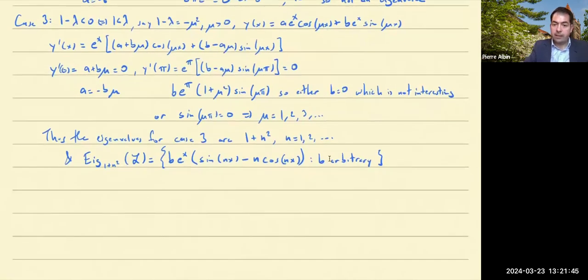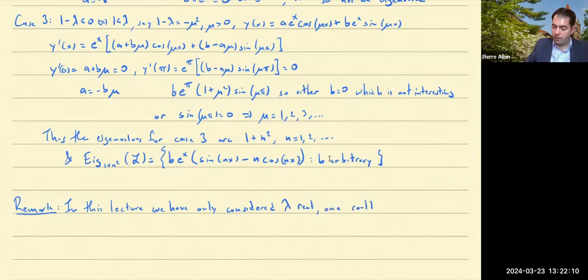Okay, and then let me finish with a remark. In this lecture, we have only considered lambda real numbers. One could, and in fact should, also consider lambda complex.